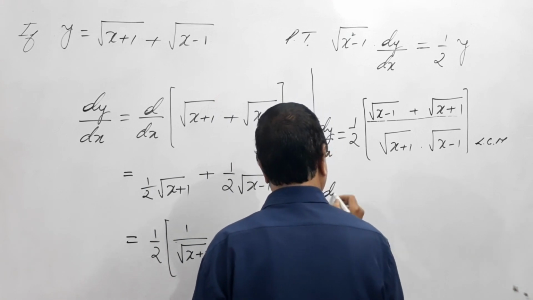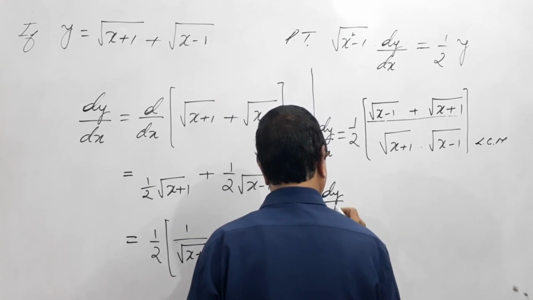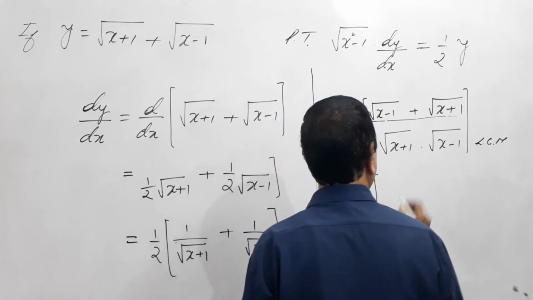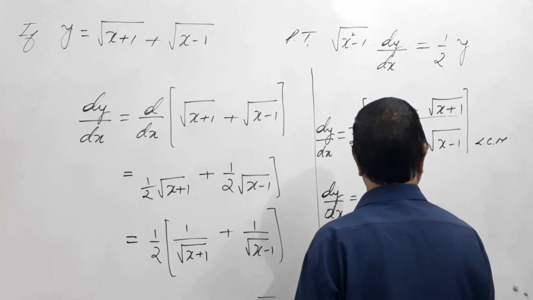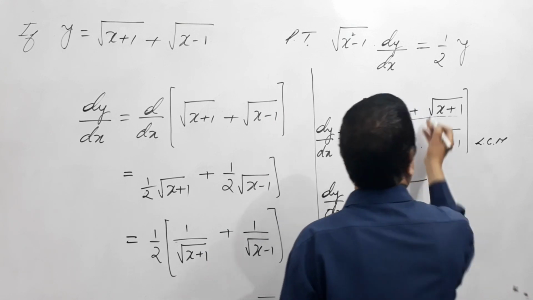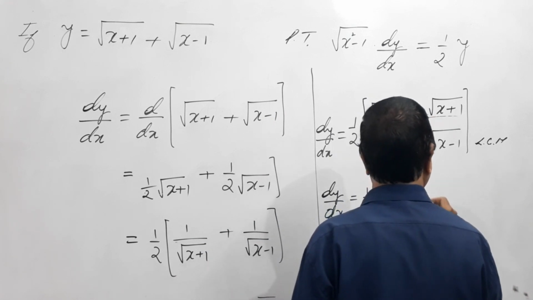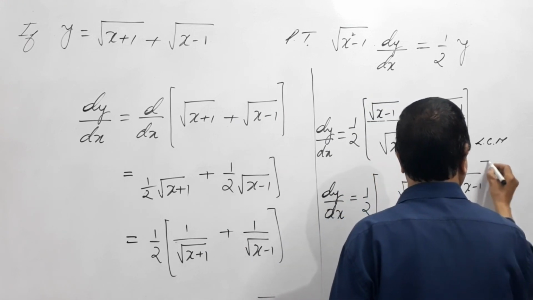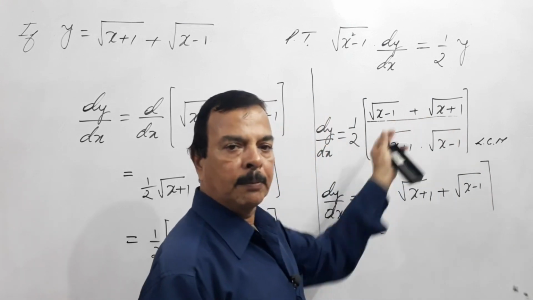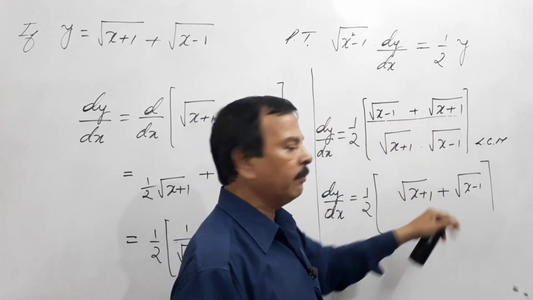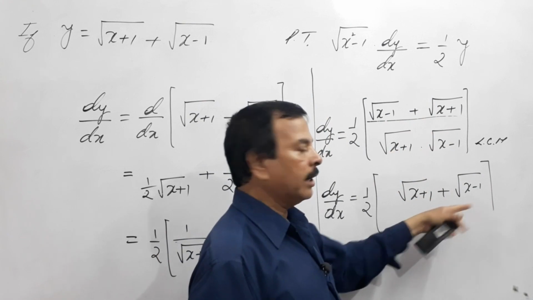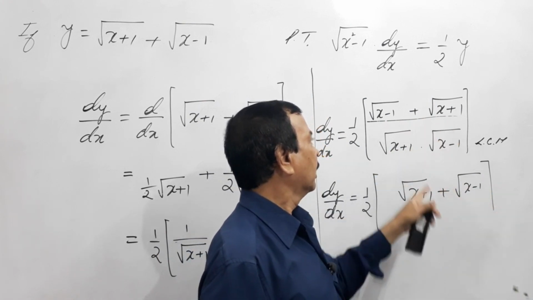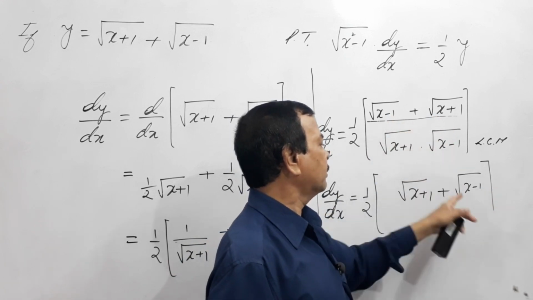So dy by dx equals half into this becomes what? I will interchange this. I will write it x plus 1 plus x minus 1. Can I write like this? a plus b or b plus a. So I will interchange the values because we have a plus sign. If we had a minus, I couldn't have interchanged this. Since we have under the root x plus 1 plus x minus 1, I have interchanged this.